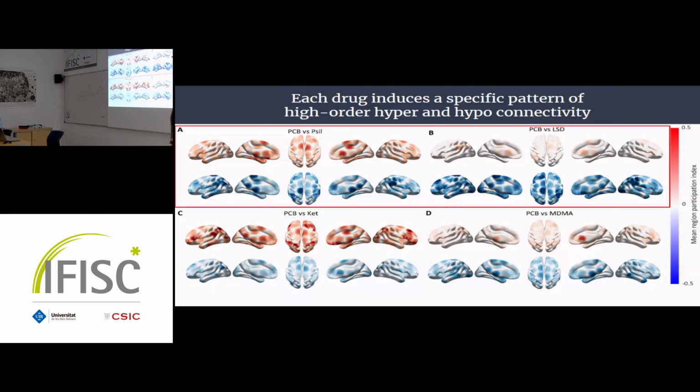You can see also that there's hypoconnectivity in this, and the hyperconnectivity pattern is also related to these cingulate regions. And then MDMA is a little bit less intense, but you can also see hyperconnectivity in these cingulate regions as well. And ketamine gives you a different profile, which is expected because there is a big difference in their pharmacological mechanisms.